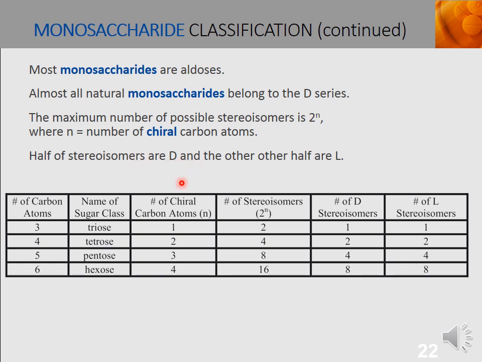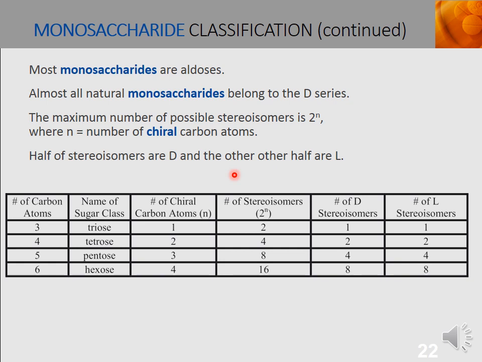Here in this table there is the number of carbons. For 3 carbons, triose, there is 1 chiral center, then 2 stereoisomers possible, 1 D stereoisomer and 1 L stereoisomer.